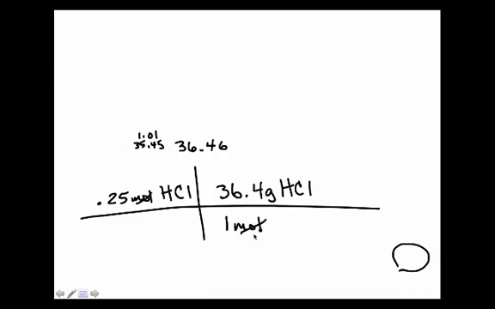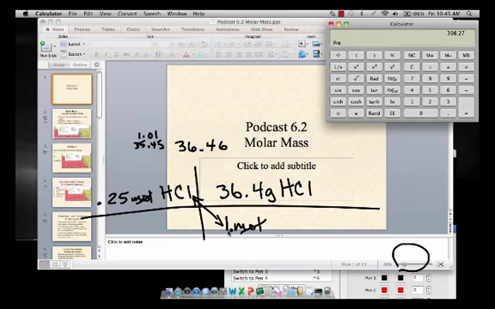So notice in my t-table, I put moles on the bottom because crisscross cancels. And so I need my calculator to do 0.25 times 36.46. And 0.25 is the same as 1/4, right? So when I multiply 1/4 times 36, I should get something close to 9. So if I don't get that, then I'm doing it wrong.